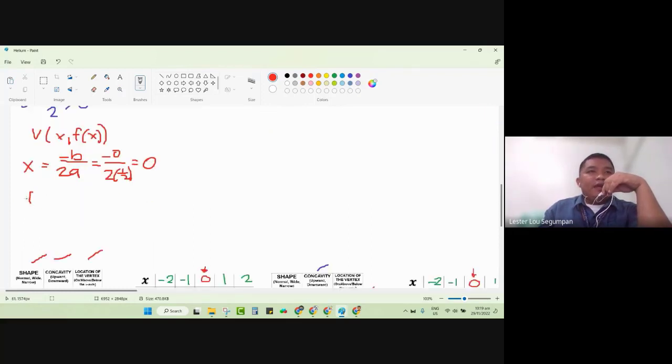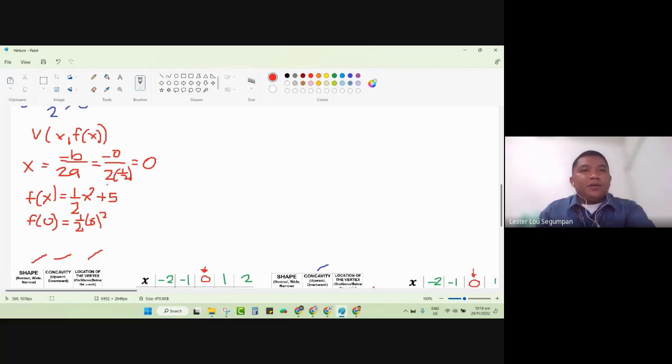Using the given function, f of x is equal to 1/2 x squared plus 5. When we substitute 0 here, you will have 1/2. The square of 0 is 0. Okay, that's 0. Pardon. Like that.